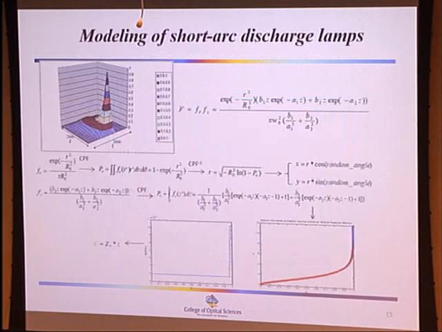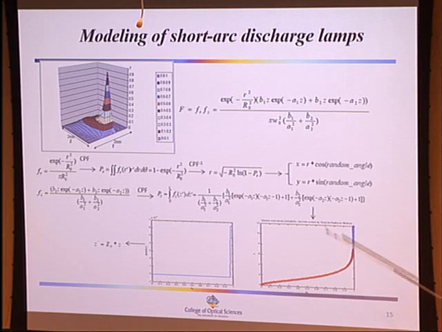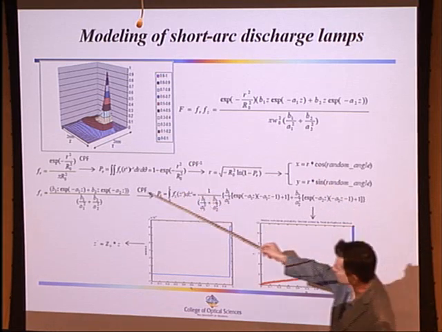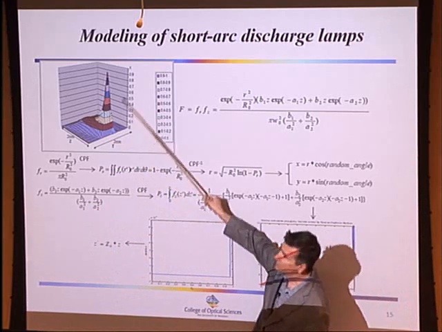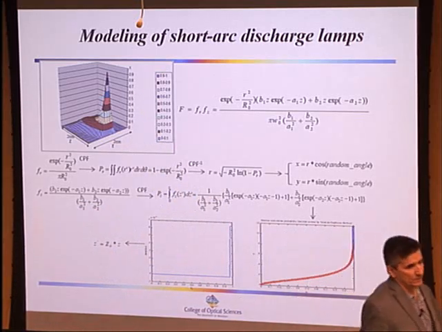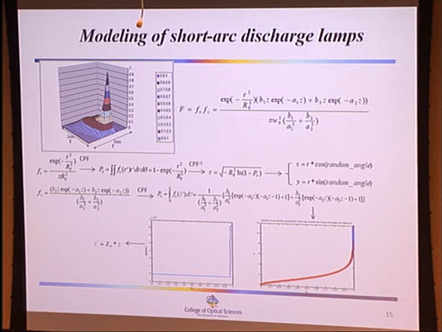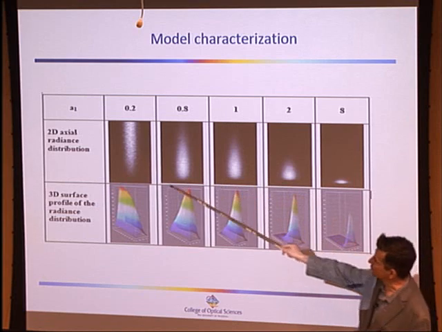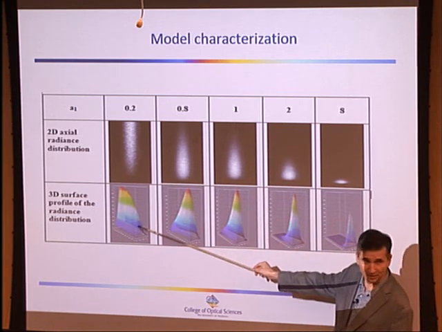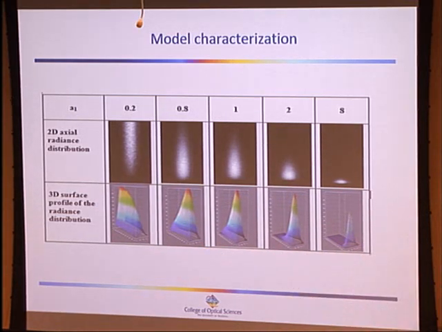So what we did was come up with some exponential functions to do this type of distribution. We wrote that into MATLAB first to do simulations, and then into a lens design program. And we produced these two-dimensional distributions and then the three-dimensional distributions.